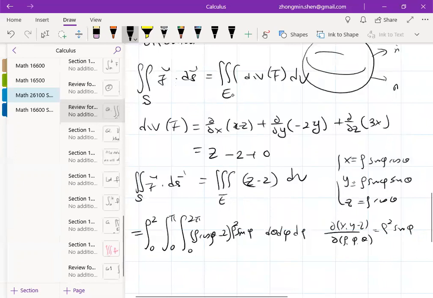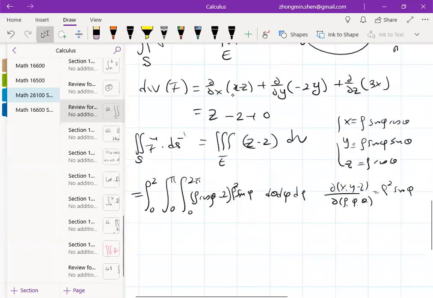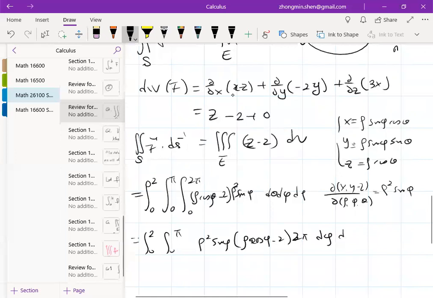I think it's independent of theta, so immediately you get 2 pi times the integral of rho squared sine phi, rho cosine phi minus 2, d phi from 0 to pi.